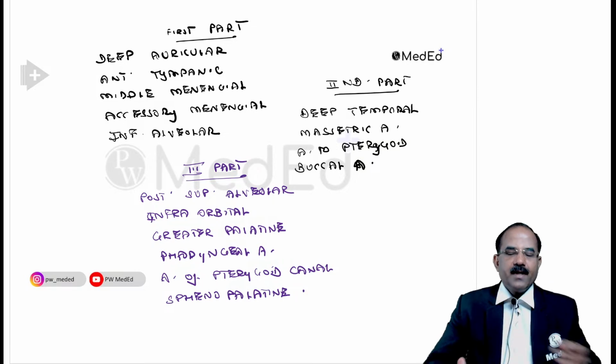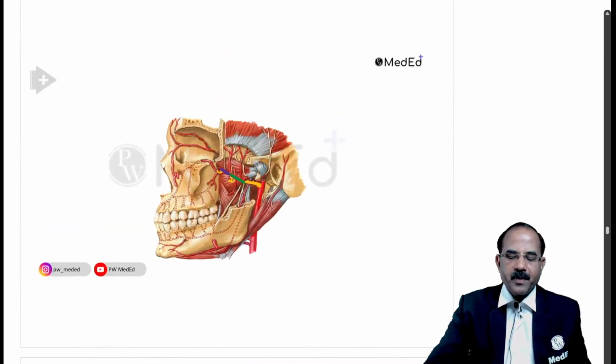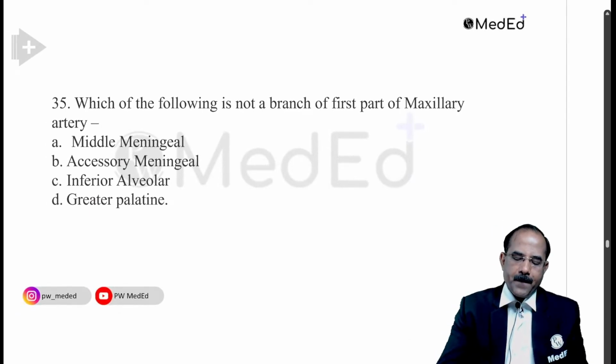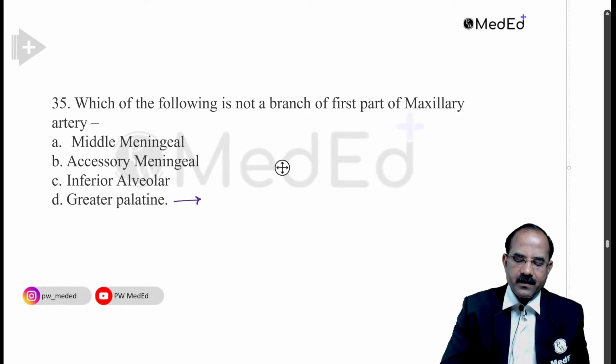Okay, fine. So those are the various branches of the maxillary artery. So what is the answer for this? Greater palatine.